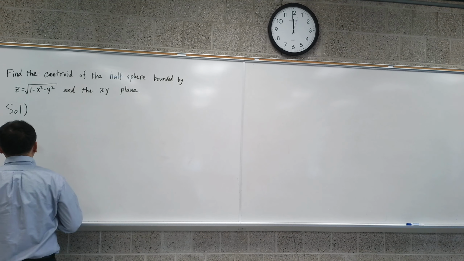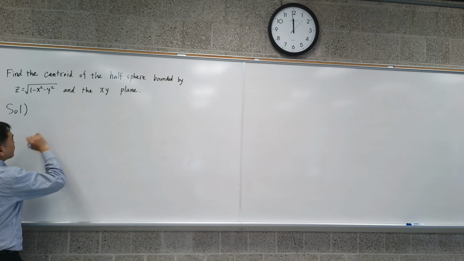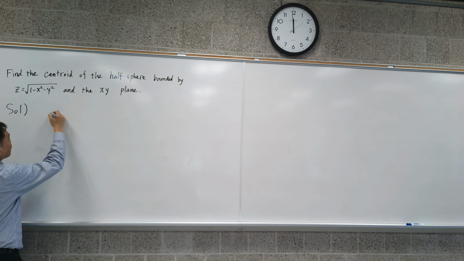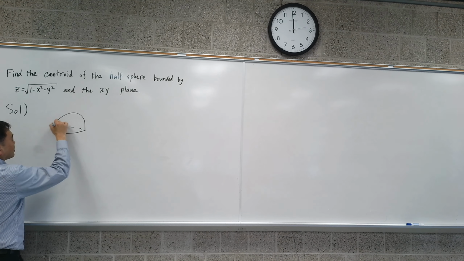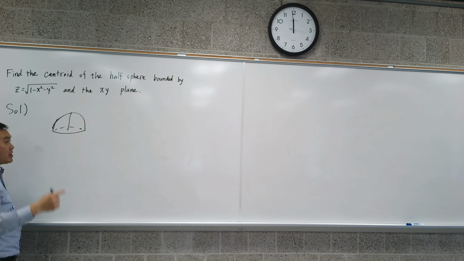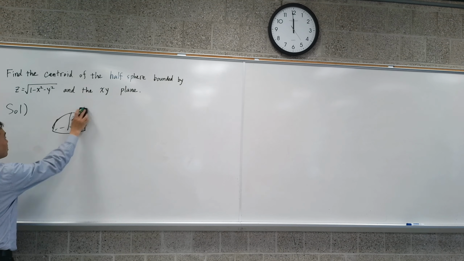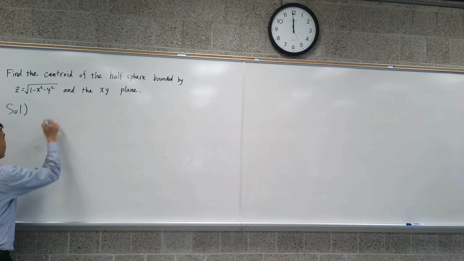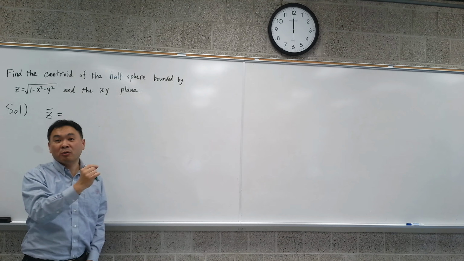Our idea of center of mass is that it's the average value of, see, right now, the center of mass will be right at the center because of symmetry. Only the z coordinate will be non-zero. X and y will be 0. So what we're really looking for is the average value of z, averaged over every point on the sphere.